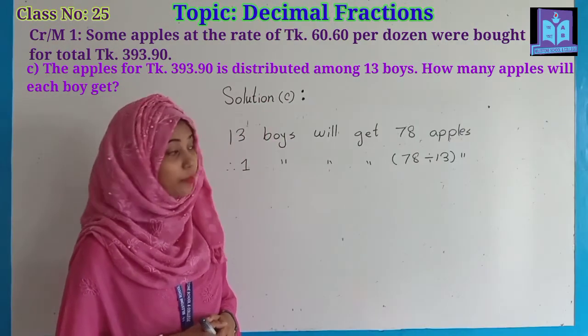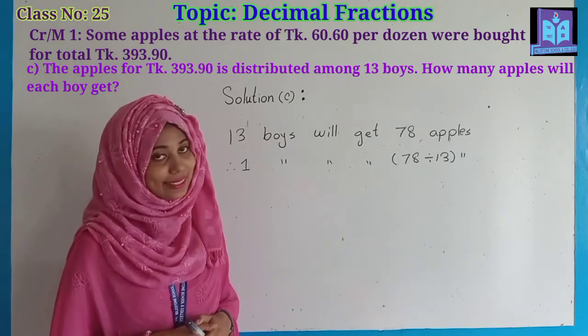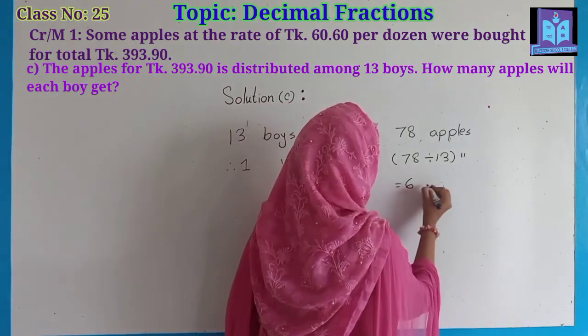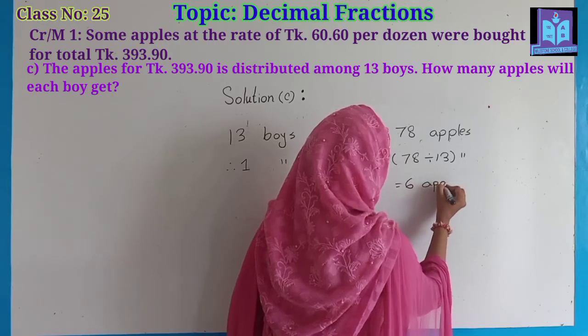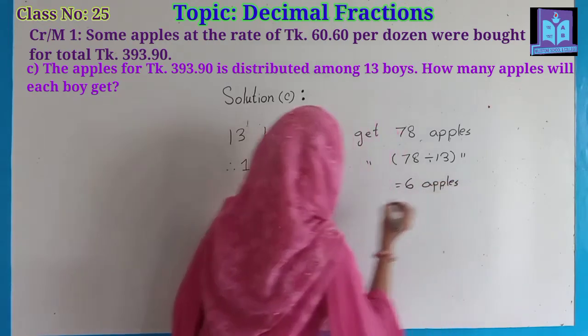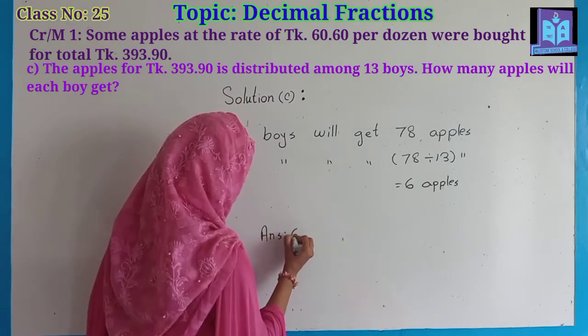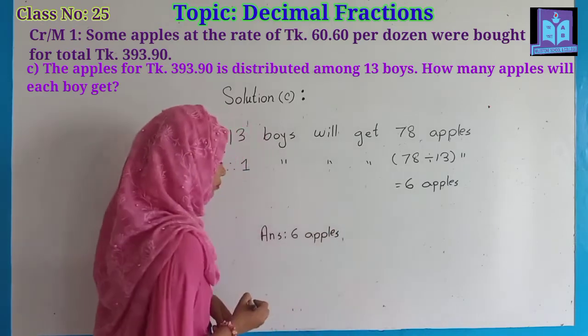Do you know the times table of 13? Yes, correct. 13 sixes are 78. It means 6 apples. That is our answer. 6 apples.